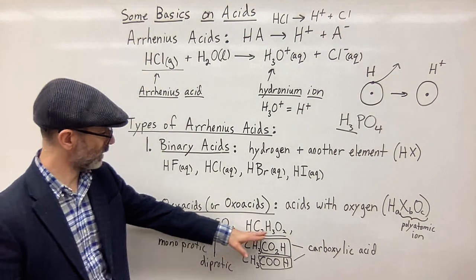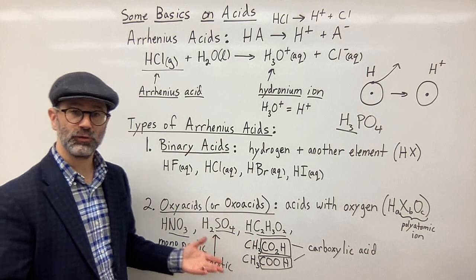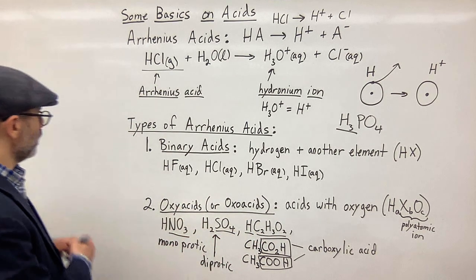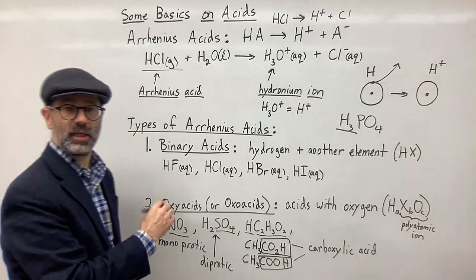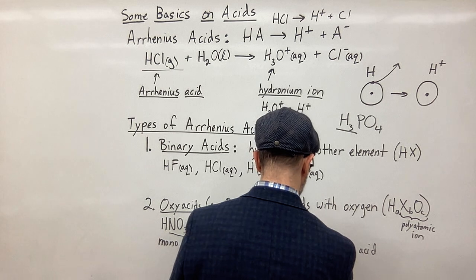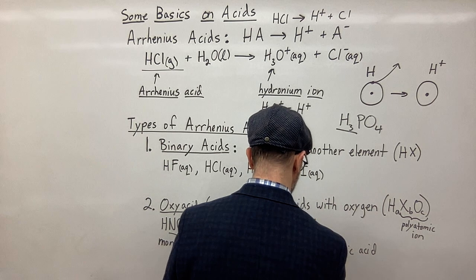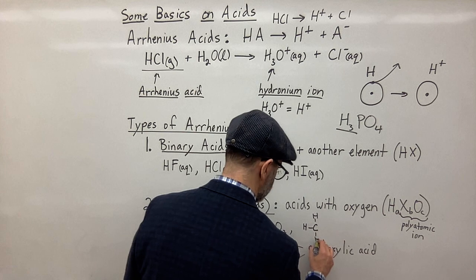So let's go back to this carboxylic acid. I want to draw the structure for you so you see what it looks like. So if I draw the structure, it would look like this. I'd have a carbon with 3 hydrogens bonded to it.